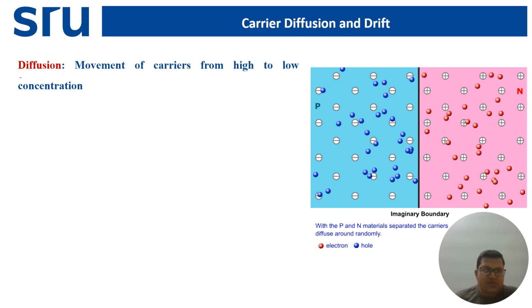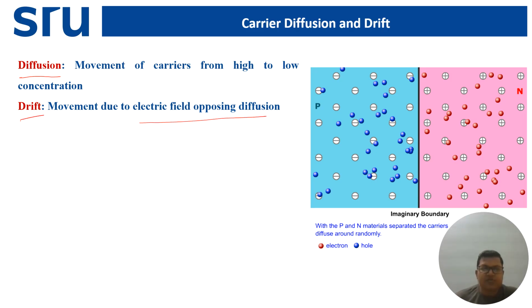Now we will see what diffusion is. Diffusion is basically the movement of carriers from high to low concentration regions. This is very simple. Another process you will see is called drift, which is movement due to an electric field, opposing diffusion.